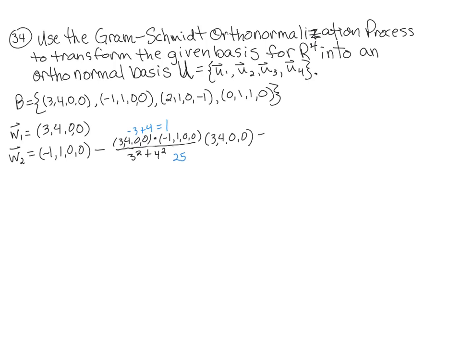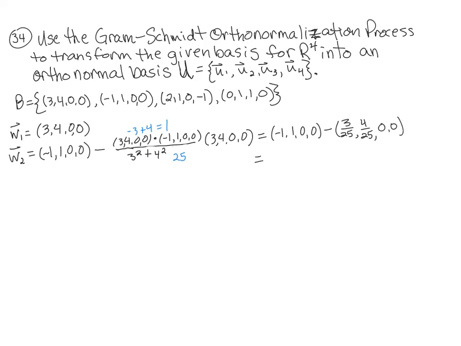All right, let's see what we got here. Minus 1, 1, 0, 0, subtract 1 times the original vector divided by 25. I'm going to have to get a common denominator.